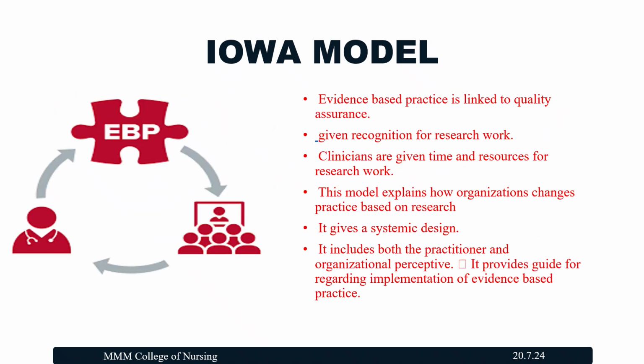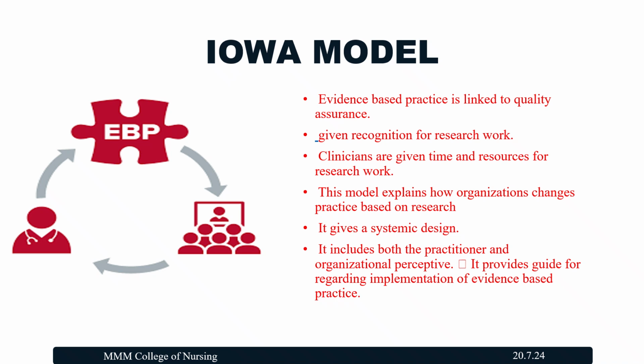In this IOWA model, it is linked to quality assurance and it gives recognition for research work. Clinicians are given time and resources for doing research work. This model explains how the organization changes the practice based on the research findings, and it gives a systematic design for doing research.